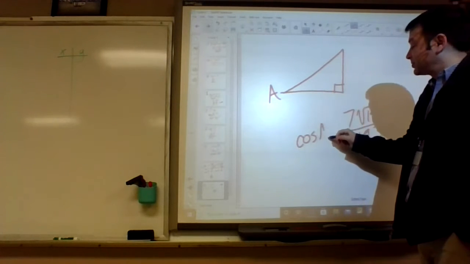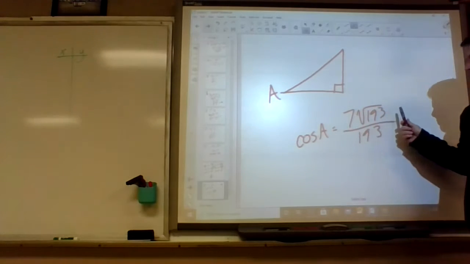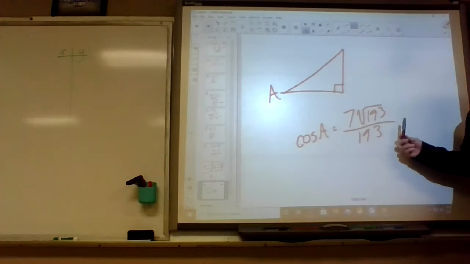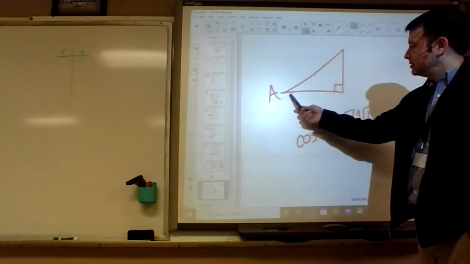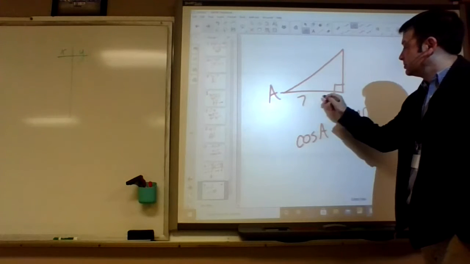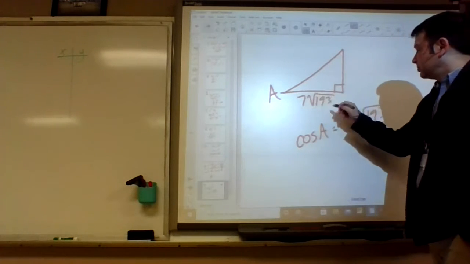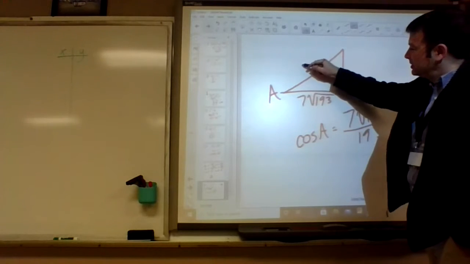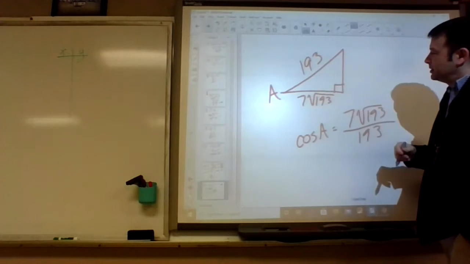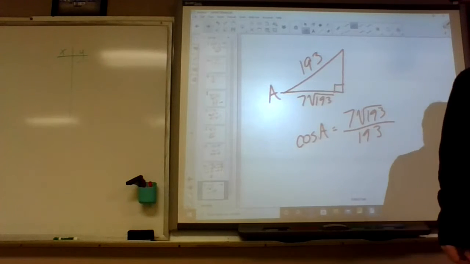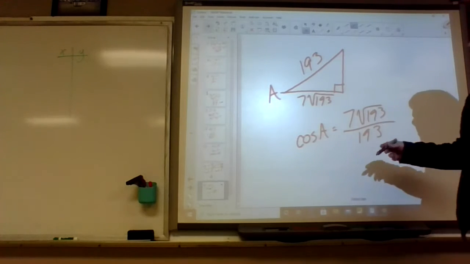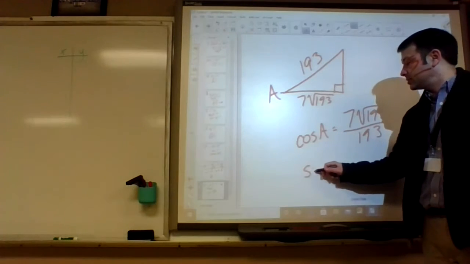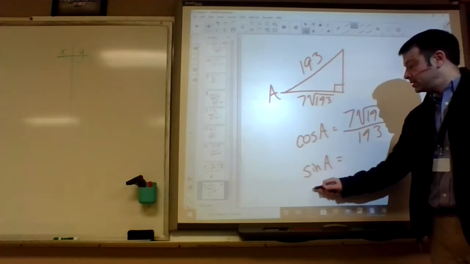So cosine gives us adjacent over hypotenuse. What's adjacent to angle A in my picture? The bottom. What's the hypotenuse? Top left. And what are we supposed to find? AC. We're supposed to find sine and tangent, sine of A and tangent of A.